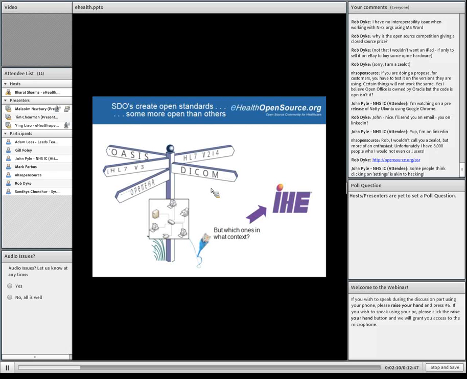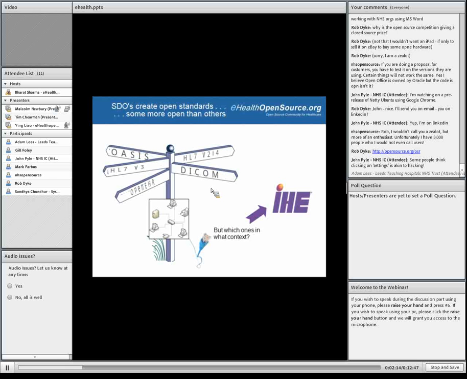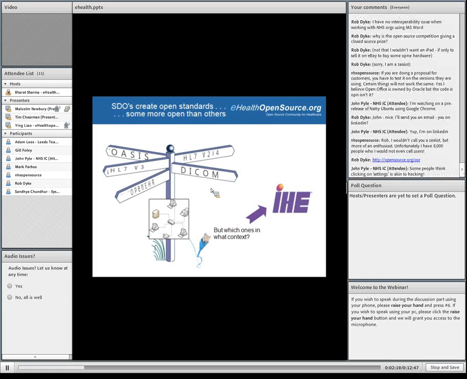Oasis in particular has standards covering all aspects of IT infrastructure, from identity management, authentication, user provisioning, through to data sharing, document access control, registries. The whole gamut of IT infrastructure is available there in the form of standards. Problem is there are so many to choose from in healthcare. The question is which ones apply and in what context?